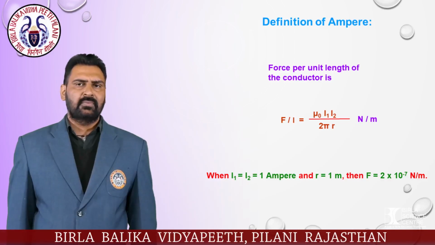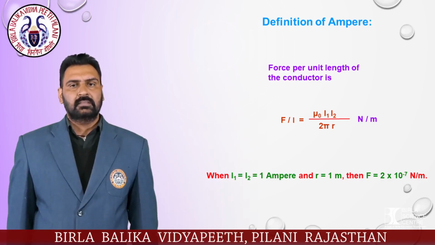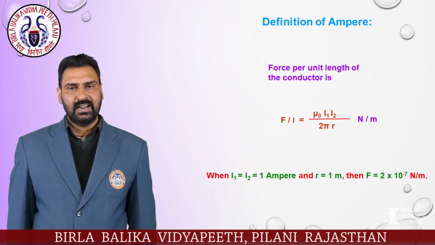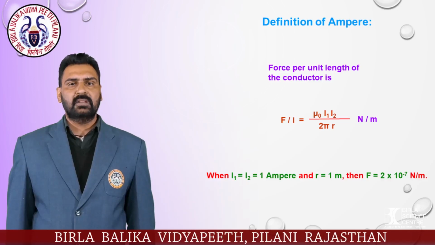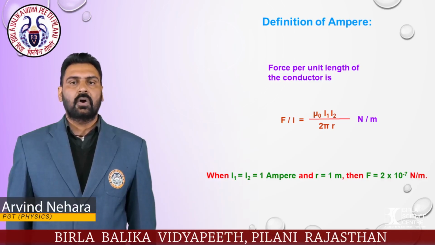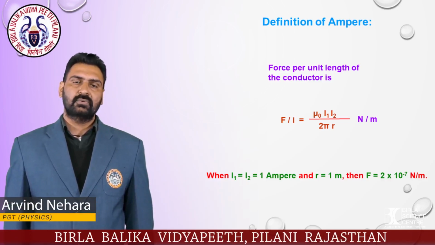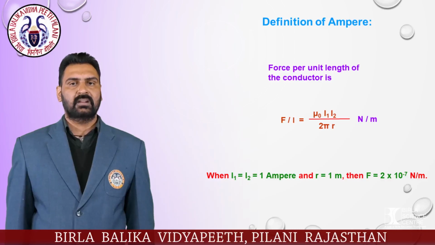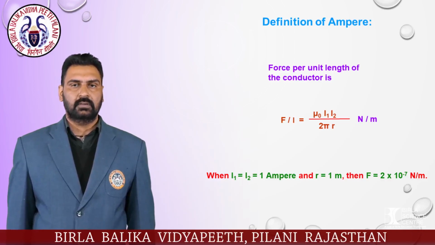So 1 ampere can be defined as that current which is passed in each of two parallel conductors of infinite length and placed 1 meter apart in vacuum, causing each conductor to experience a force of 2 into 10 to the power minus 7 Newton per meter of length of the conductor. We can say that is equal to 1 ampere current.